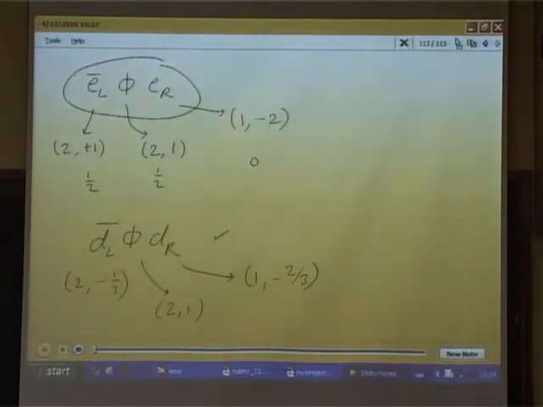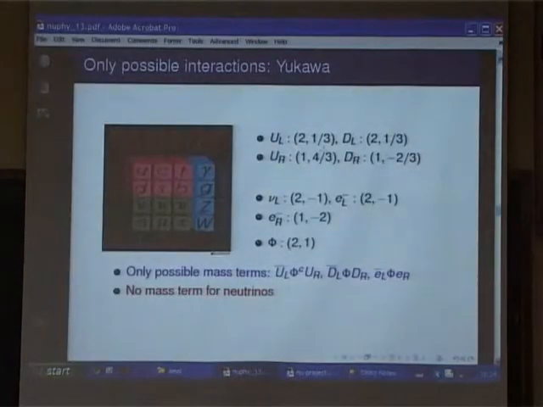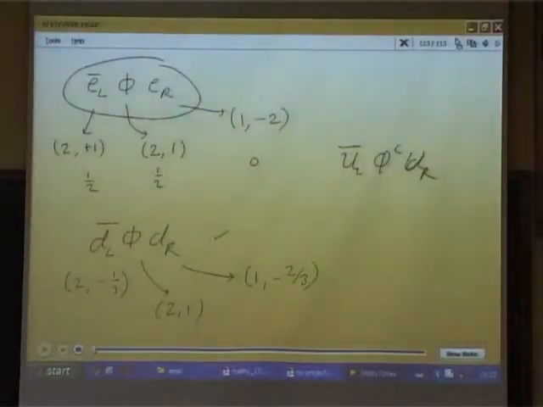Another term you can have looks like U_L bar phi conjugate, or phi bar, times U_R. U_L bar is the same as D_L bar, so it is (2, minus 1/3).